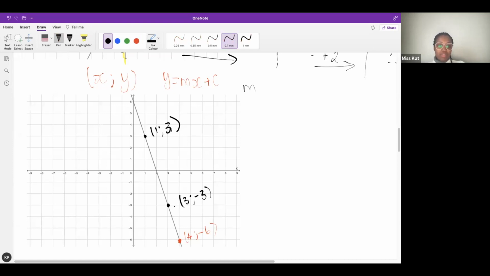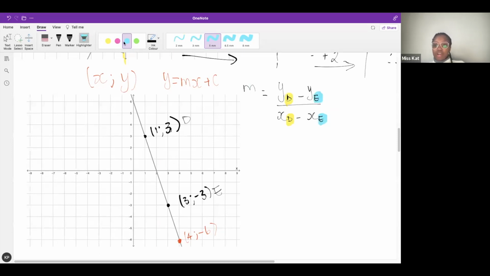I'm going to name these points D and E. So my gradient is equal to the y at D minus the y at E divided by the x at D minus the x at E. Once again, order doesn't matter as long as they're in the same order at the top and at the bottom.